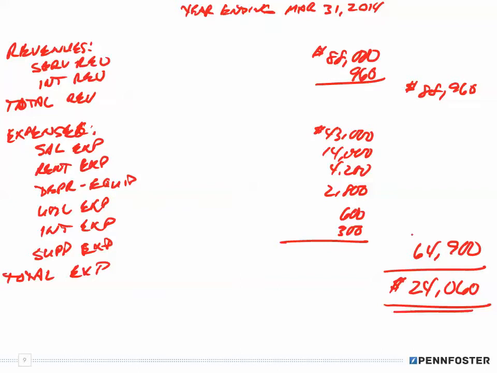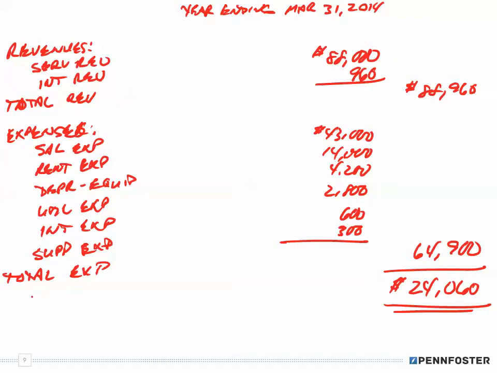Multi-step meaning more than one column. Single step is when everything would be in just one column. But if you can imagine pushing all of these numbers to the right here, it makes it a lot more difficult to read and understand. So that's why we use multi-step formatting.